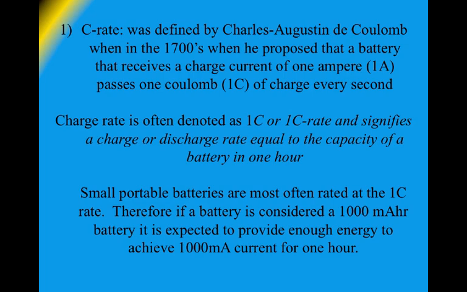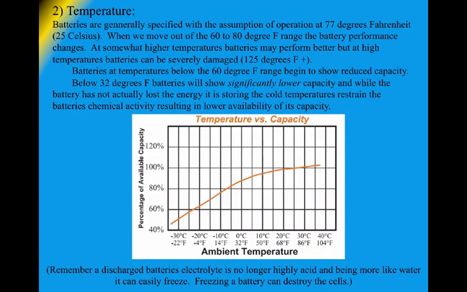This is how our small A, AA, AAA, C, D, and 9-volt cells are rated, all based on the capacity consumed in an hour. We will see that there are many different C rates to consider, and we need to be able to understand them. We will talk about them more as we move on.